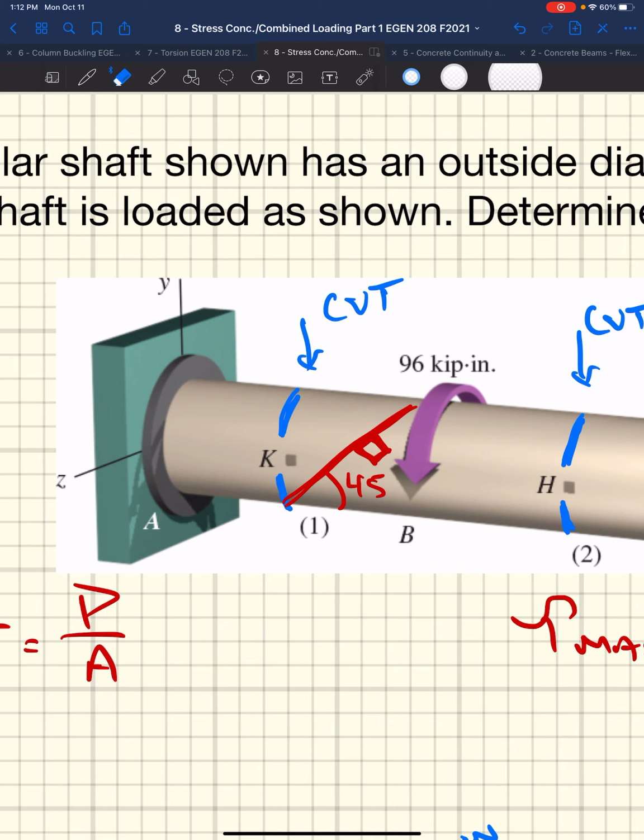And then we oriented our block at a 45 and we were looking at what's going on with these stresses on these four faces. What happens is the combined loading, the torsional shear stresses and the axial stress from the normal force, they influence what's going to happen at an orientation.